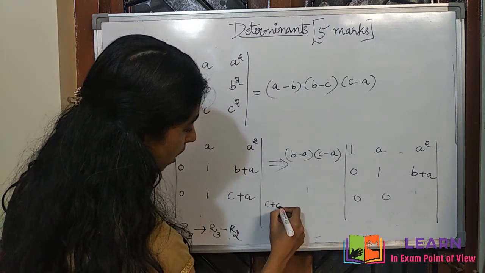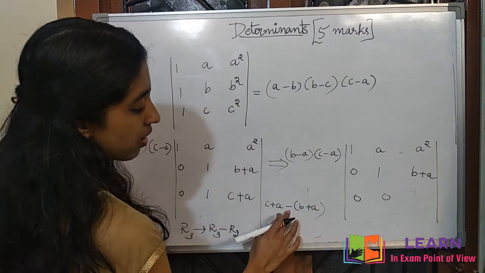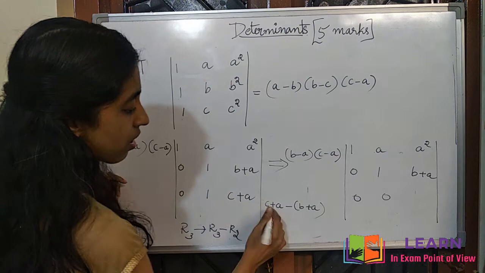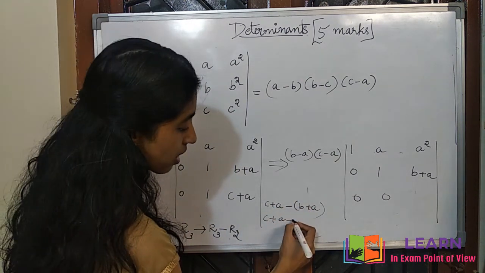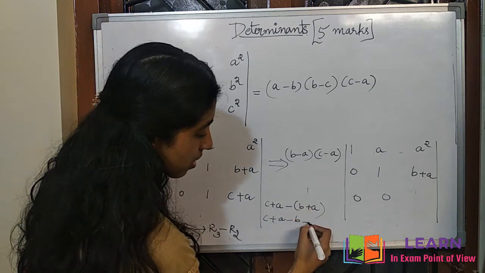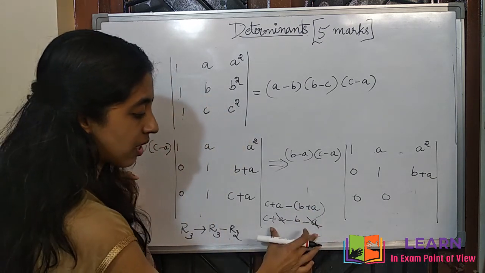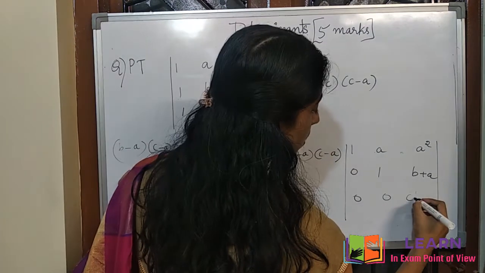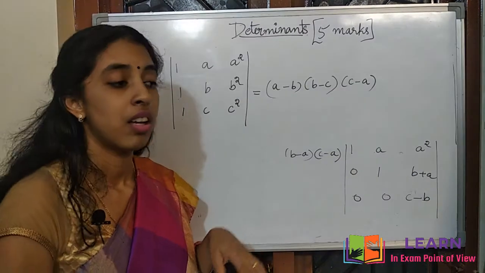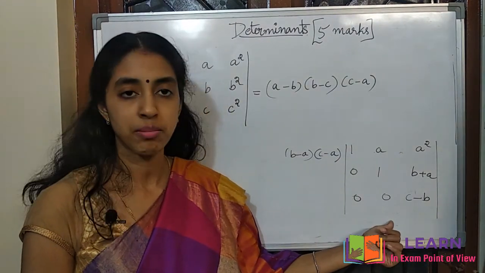Here c plus a minus b plus a. We are subtracting this from this. So c plus a, and opening the bracket we get minus b minus a. Here plus a and minus a cancel. Remaining we have c minus b. So after performing the elementary operations, we got the determinant like this.